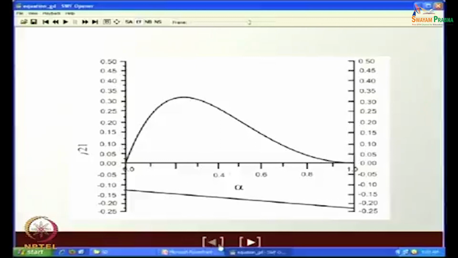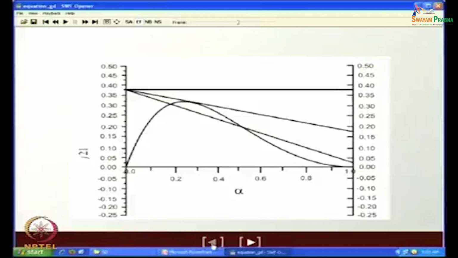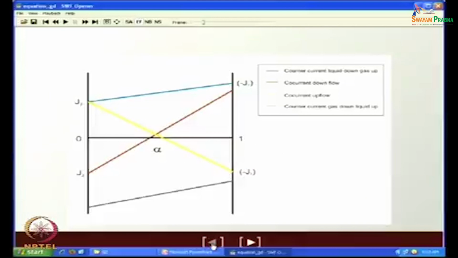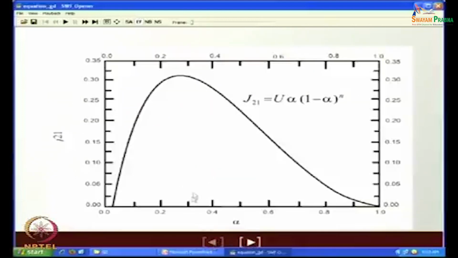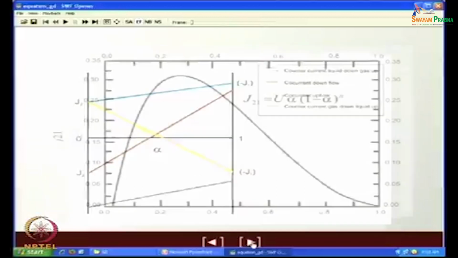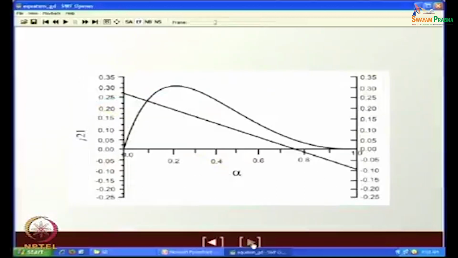Okay? So, from these particular curves what we have found out? From the point of intersection of the straight line as well as the curve, we can superimpose them on different graphs and we can find out the corresponding value of alpha and J21 depending upon different values of phase flow rates or depending upon different values of Q1 and Q2. And what have we found out?